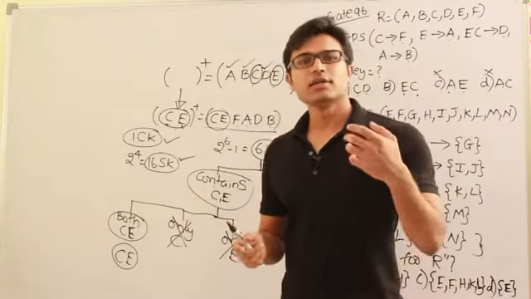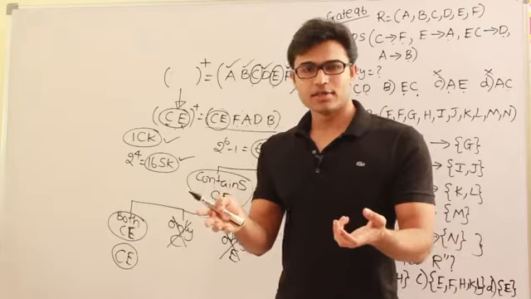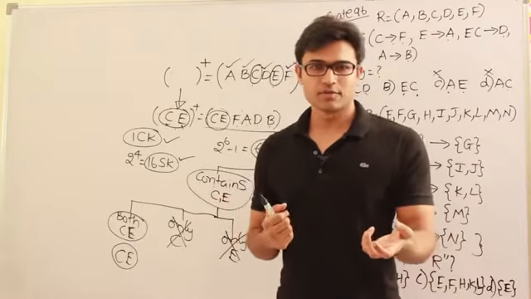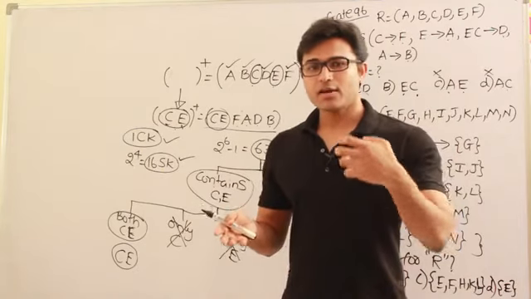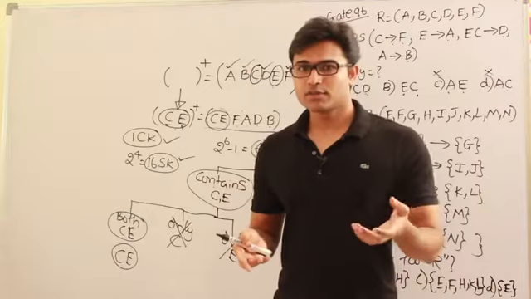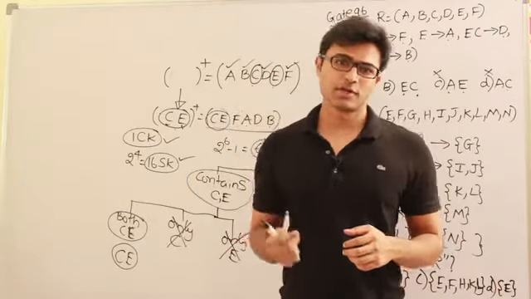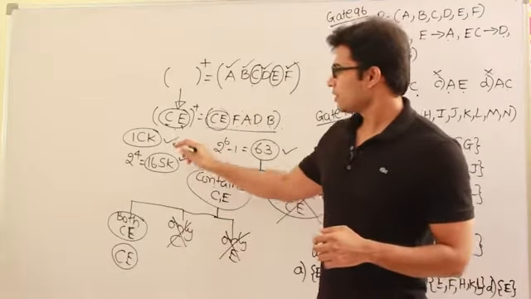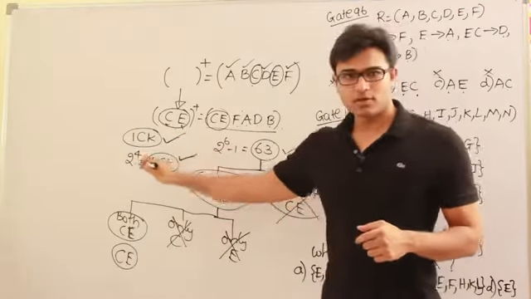If CE is a candidate key, it will be the unique minimal key, which means every other key is supposed to contain CE, and now CE turned out to be the minimal key. Therefore CE is the candidate key, and everything else which contains CE is going to be a super key. So we got only one candidate key and 2 power 4 super keys. I think you understood this.